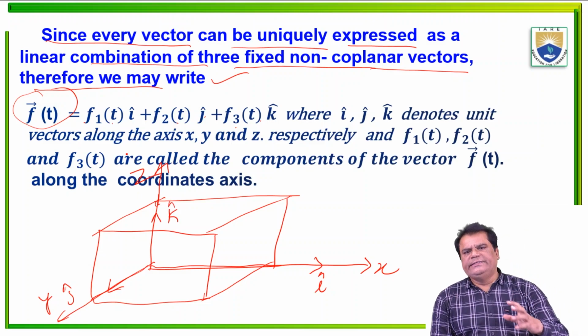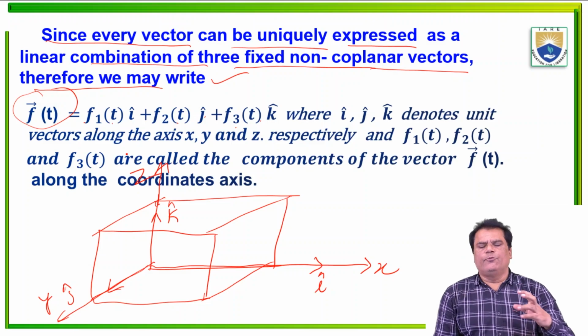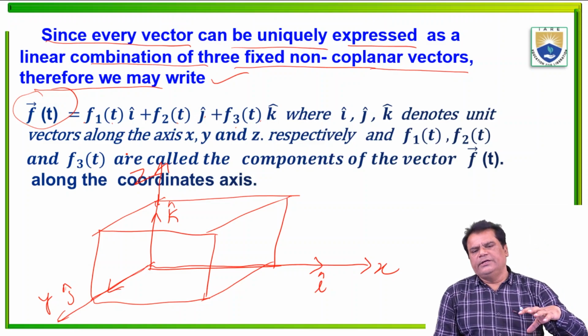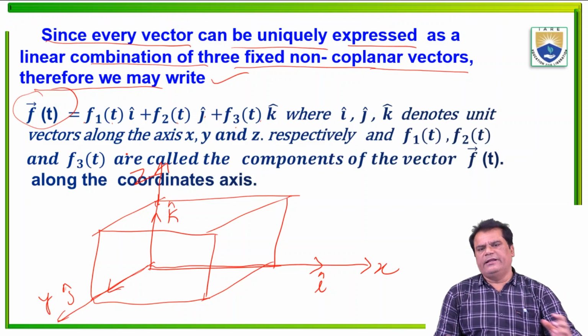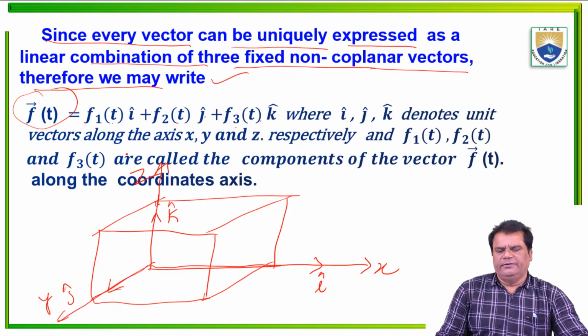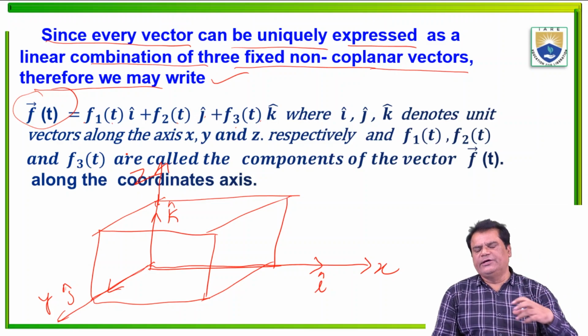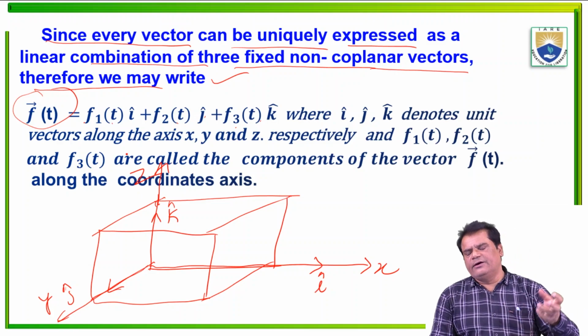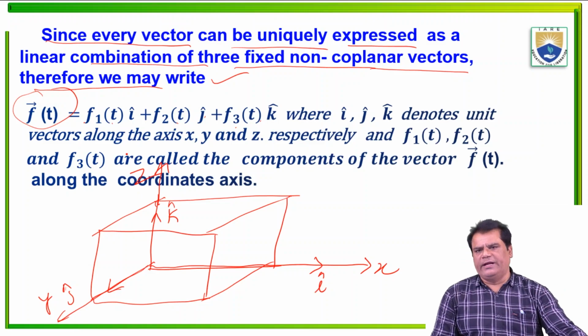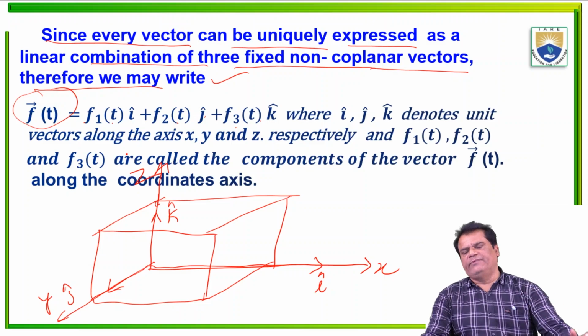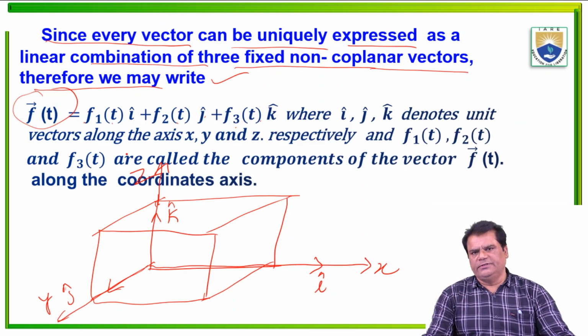So here i, j, k are three non-coplanar vectors. They are not in the same direction, they are in different directions. So i, j, k are three non-coplanar unit vectors.